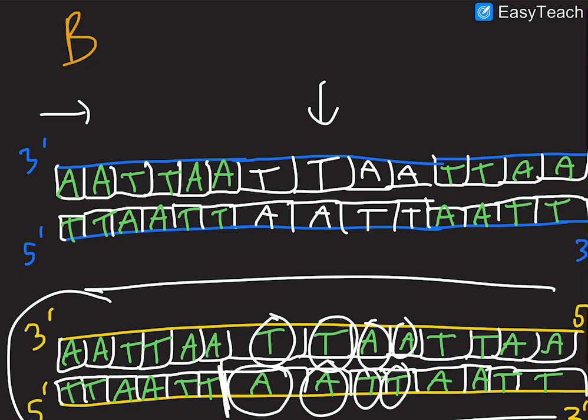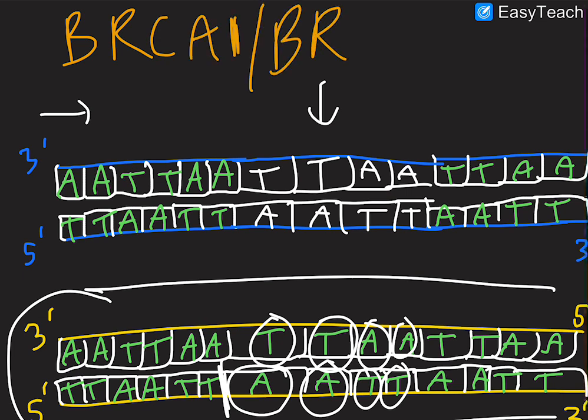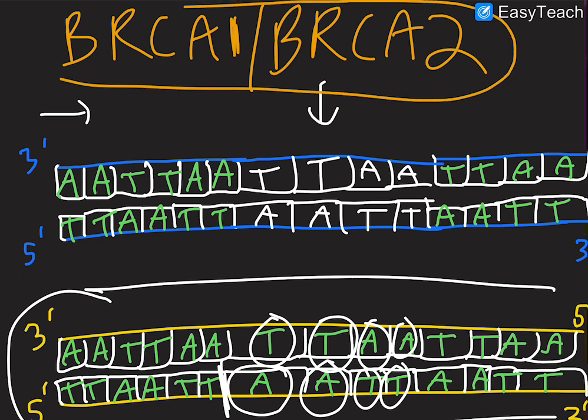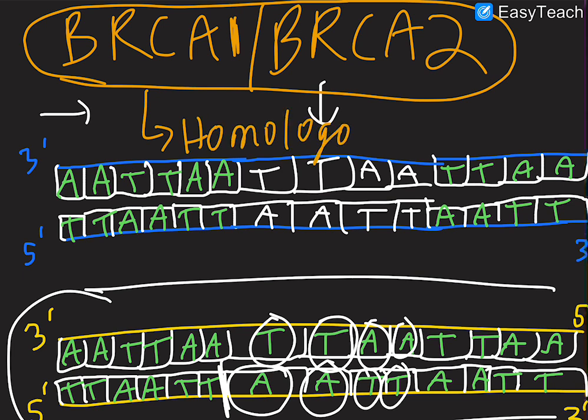Those two proteins are BRCA1 and BRCA2. These are the high yield proteins to keep in mind, because they are very important for homologous recombination DNA repair.